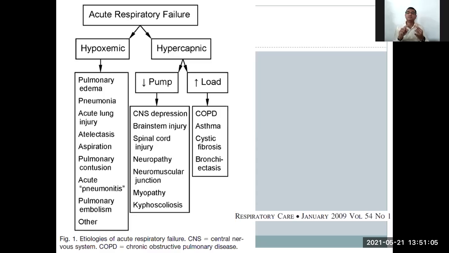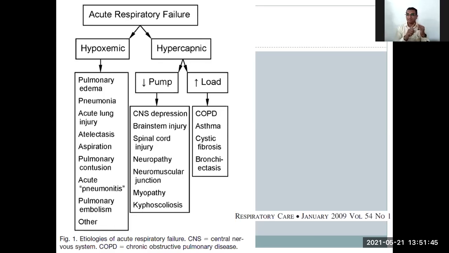When a patient is in the ICU and you are suspecting ARDS, either you will get a low amount of PaO2. When you get a low partial pressure of oxygen, you can say it is hypoxemic. But when PaO2 is normal or decreased, but PaCO2, the partial pressure of CO2, is very high, that is called hypercapnic.